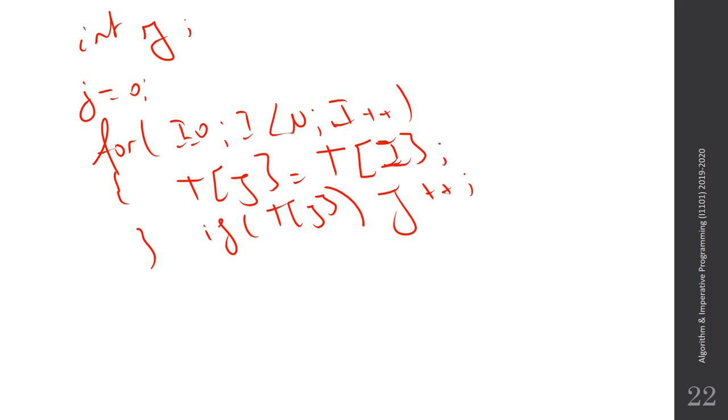In all cases I'm placing t of i in t of j, so if t of i is equal to 0, I will place it in t of j, but I will not move the counter j. In order to print the array, I will not print it from 0 to n, I will print it from 0 to j, because at the end there are some elements that we will not care about.